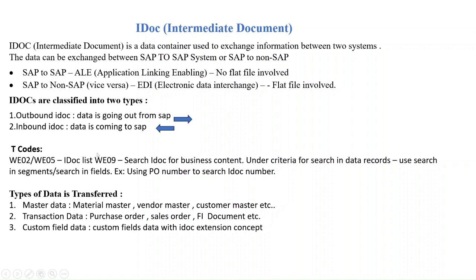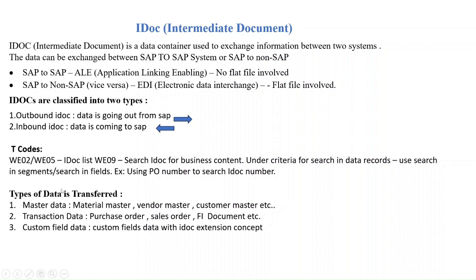T-codes: if you want to see the IDOC number, we can go to WE02 or WE05 to see the IDOC list. Also in reports for purchase order and purchase requisition, like ME5A, ME2L, ME2M, we can see the IDOC number, and also in WE02, WE05.